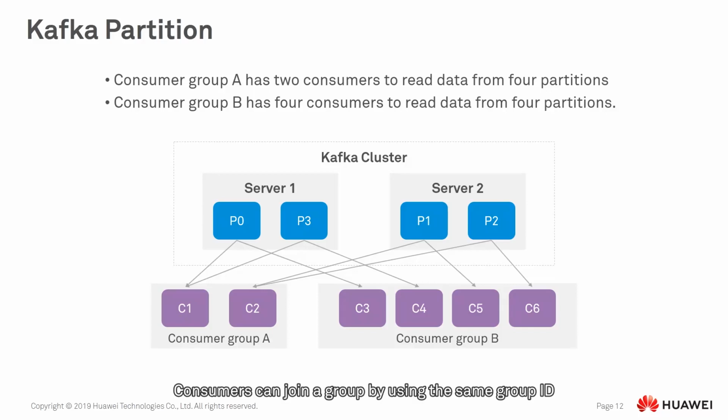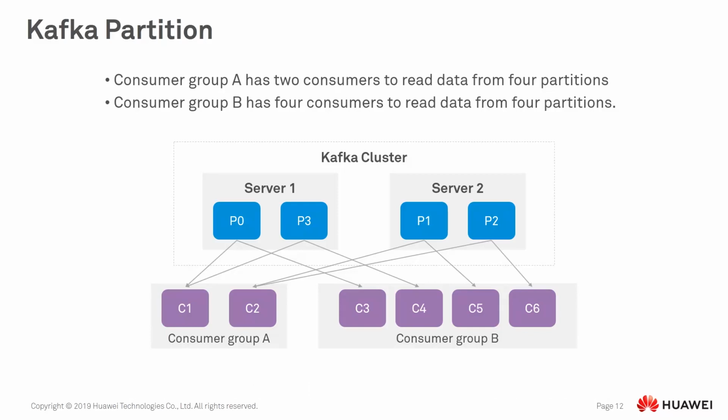Consumers can join a group by using the same group ID, and the maximum parallelism of a group, which refers to the number of consumers in the group, is determined by the number of partitions. What does it mean? Well, Kafka assigns the partitions of a topic to the consumers in a group, so that each partition is consumed by exactly one consumer in the group.